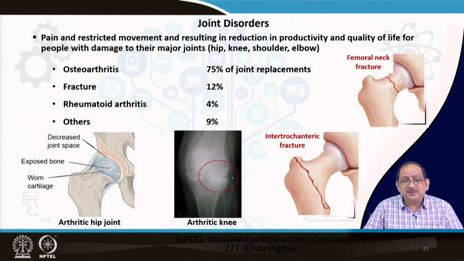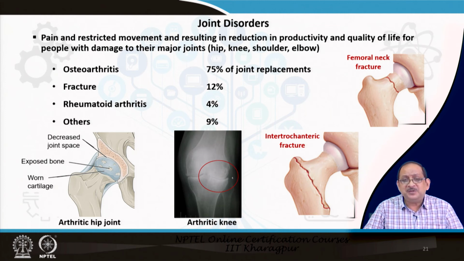Pain and restricted movement resulting in reduction in productivity and quality of life for people with damaged major joints like hip, knee, shoulder and elbow is quite prevalent in modern society.